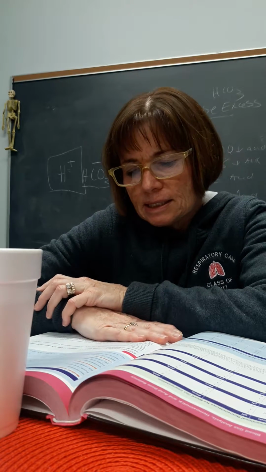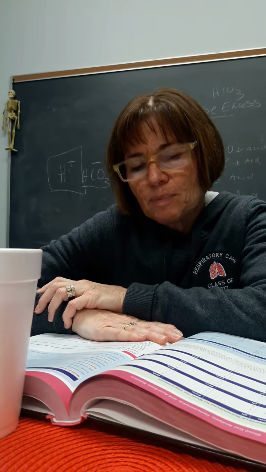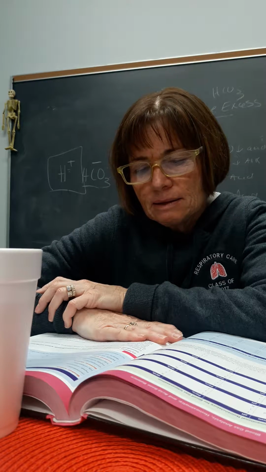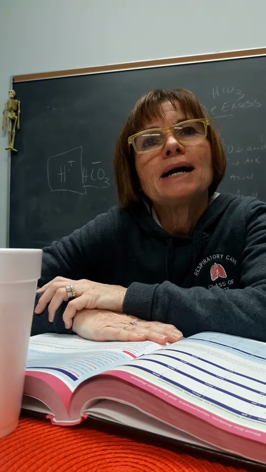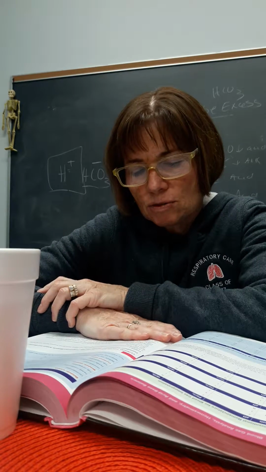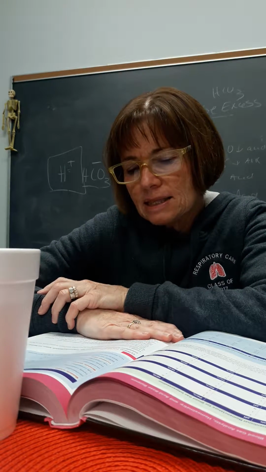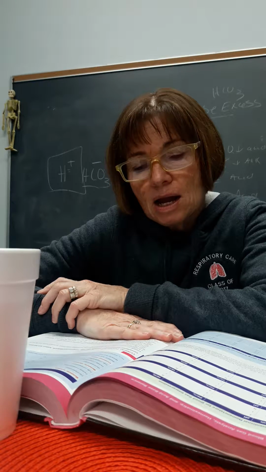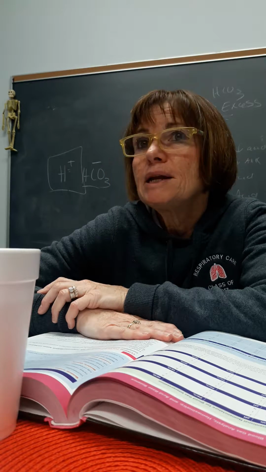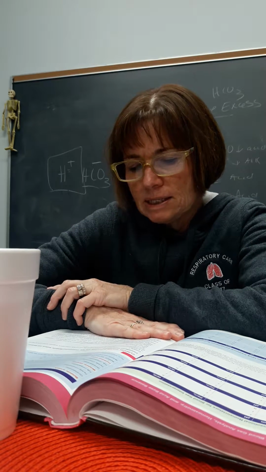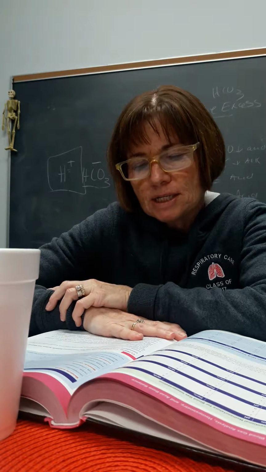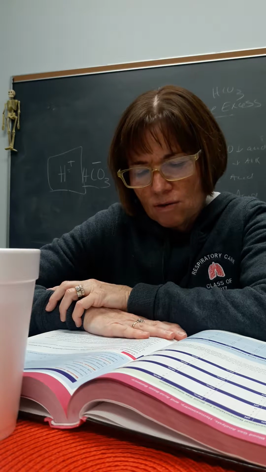So if we look at this, the pH is down, which is acid. The CO2 is down, which is alkalosis. And the bicarb is down, which is acidosis. So we would say that this was a partially compensated metabolic acidosis. We see that the patient is hyperventilating to try to get over that.